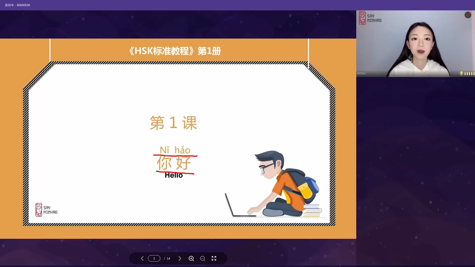Because Chinese is not a phonetic language like English or French. Chinese is an ideographic language. For example, when I give you any strange, unfamiliar words in English, even though you don't know the meaning of it, you can still read it because you've learned the alphabet of this language.